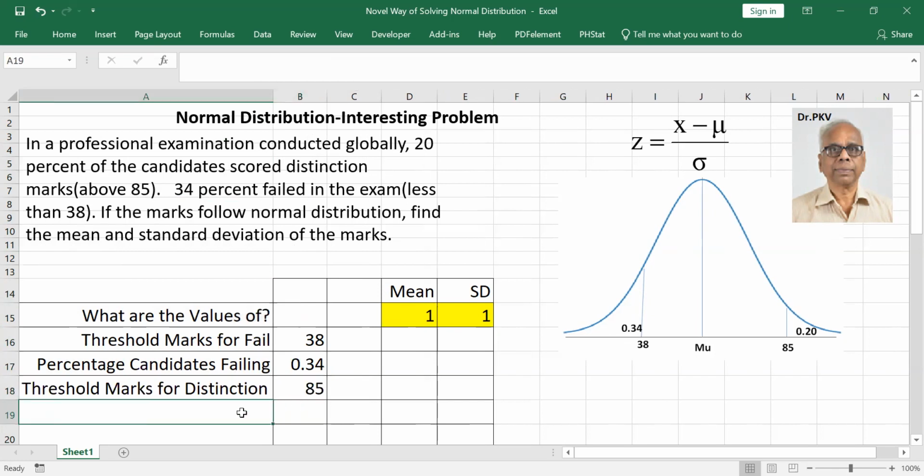Percentage of candidates scoring distinction.